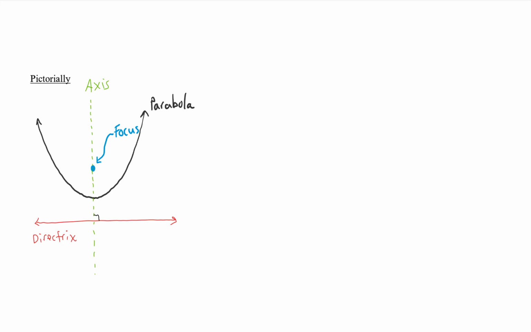Its main name is the axis of symmetry, because if you fold the parabola along that line, the two halves match up, as you probably remember from your algebra days. And then the point where the curve itself changes direction, or another way to think of it is where the axis intersects the parabola, that is called the vertex. So that is our vertex.